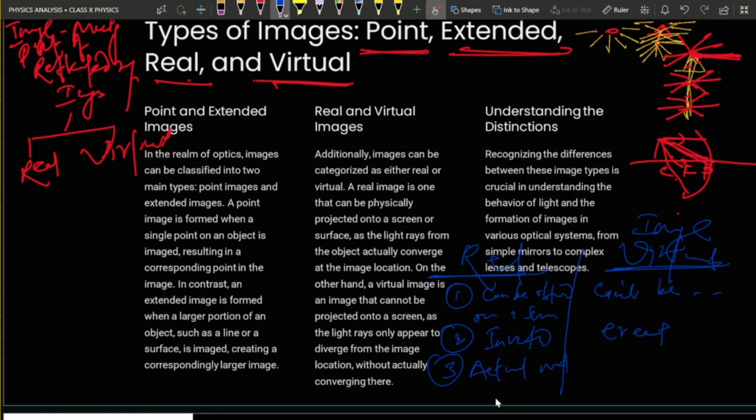But when light rays after reflection do not actually meet, and only appear to meet, a virtual image is formed. So an image can be real or virtual.